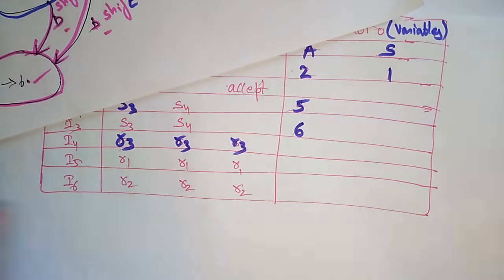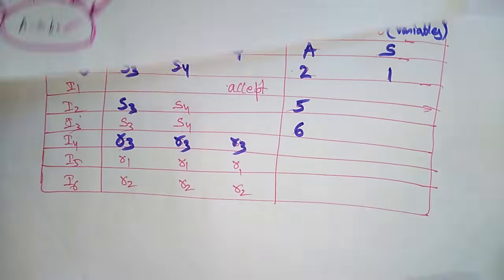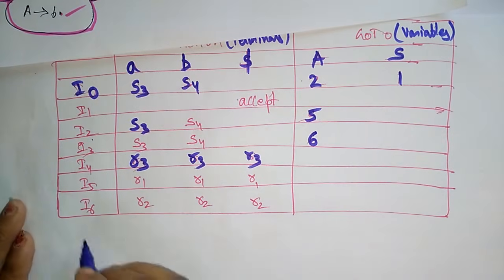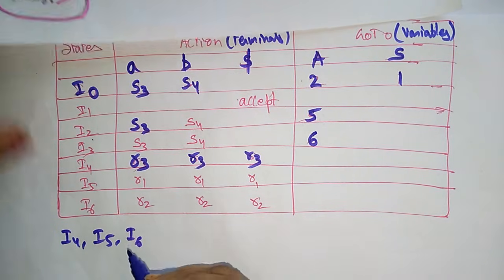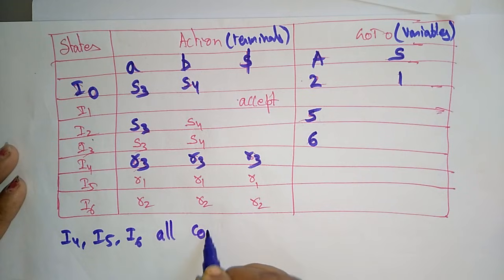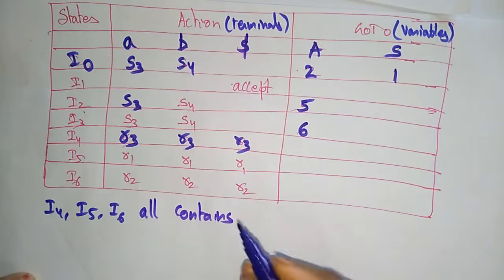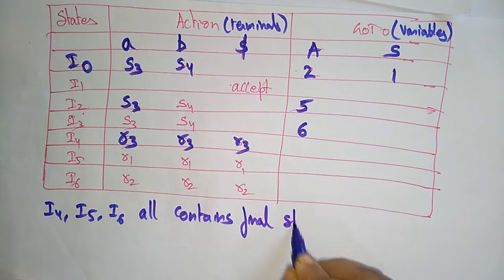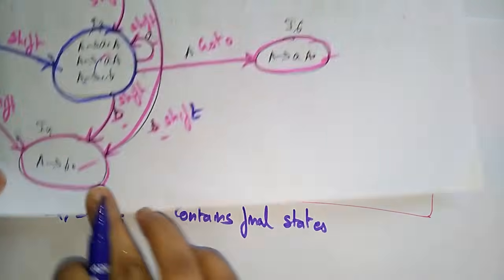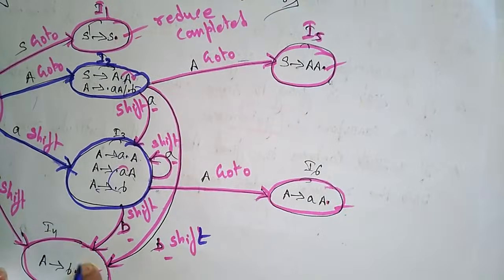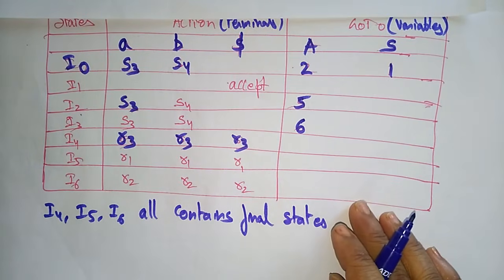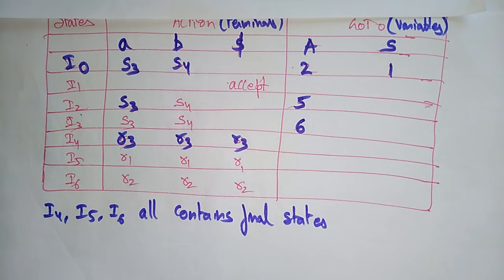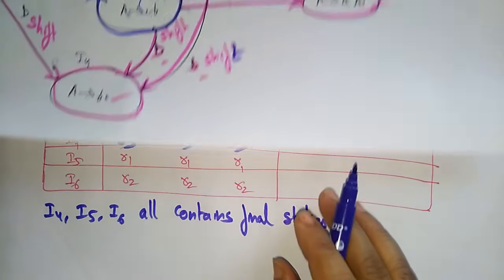I4, I5, I6 all contain final states, because after that there is no state present. For I4, I5 and I6, these are final states. No states are produced here because they contain the dot at the rightmost end.